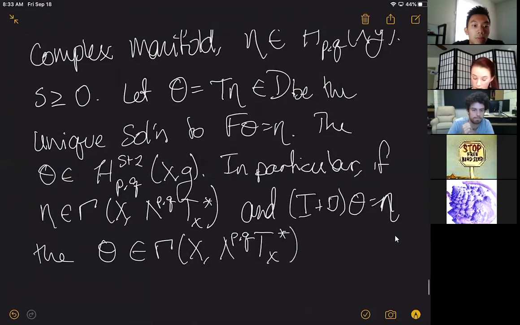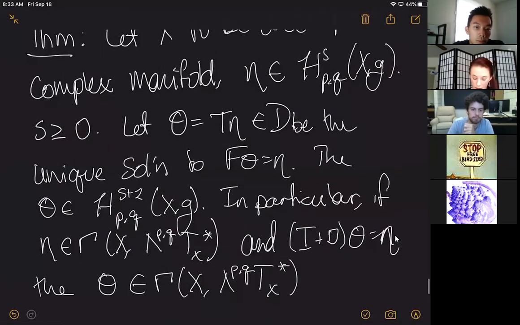So basically, if eta is in HS for all S, then our theta is going to be in HS for all S, and then by the Sobolev embedding theorem, we know that that will embed into the smooth space, and that all of those derivatives are true derivatives.